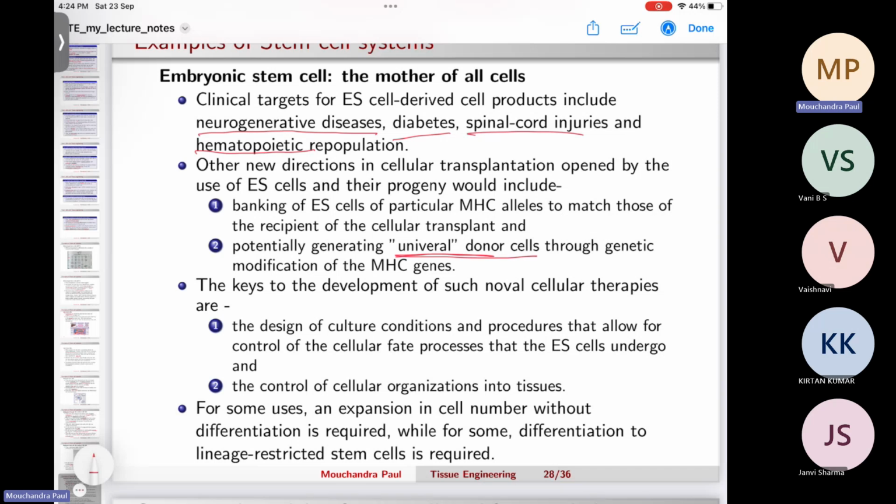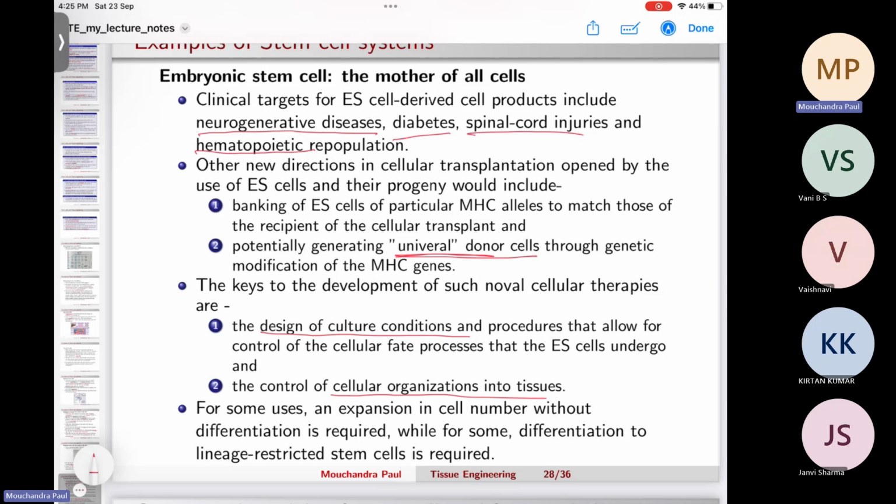So as I already told you, in order to successfully use these embryonic stem cells, first we need a continuous source of embryonic stem cells, and next we need to understand how to control the differentiation of these stem cells into a particular type of lineage. Once we have done it, then we'll be able to develop special culture conditions, as well as control cellular organization into a particular tissue type.